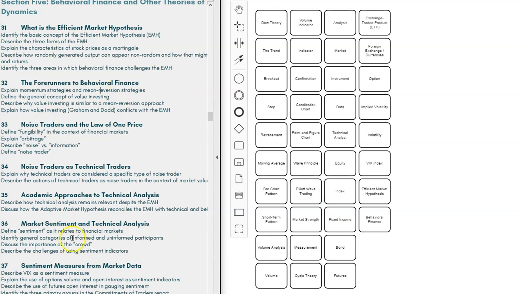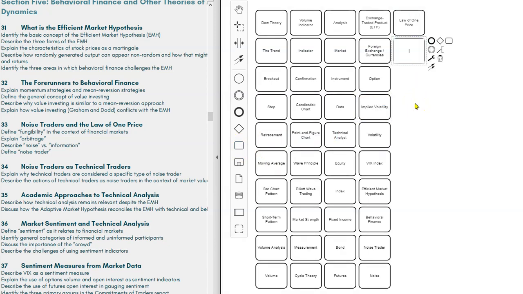We might have to do a part 2 for the details of each one of these topics. Noise trader. What is noise? Law of one price.